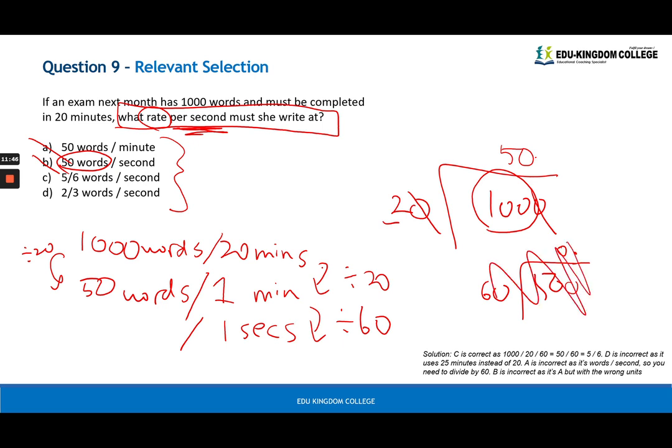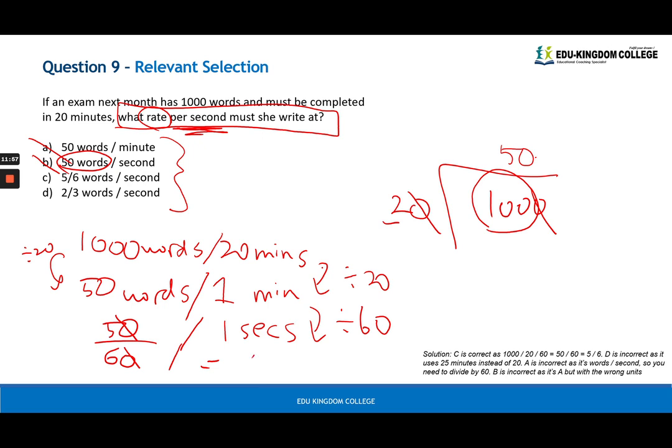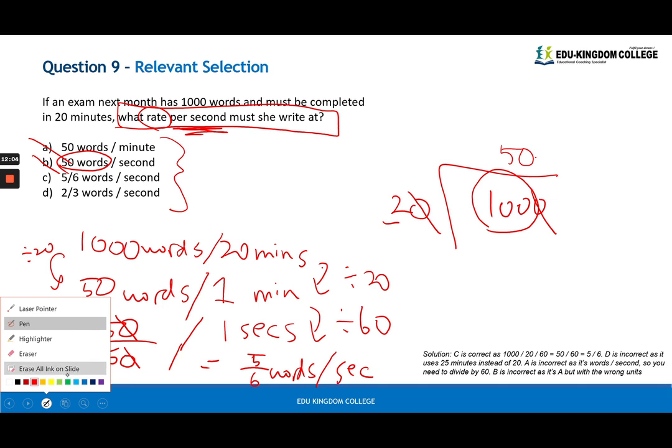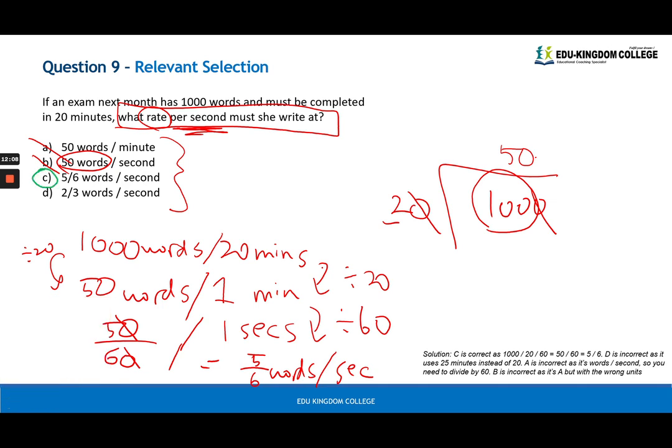Without dividing like that, we can see that it's a fraction, right? So we know that dividing this by 60 would be 50 over 60. You can cancel out the zeros and you get 5 over 6 words per second. Okay, it's much easier to figure out. And anyway, things like 1 over 6 will all be recurring decimals, so it's better to do fractions. C is the answer.